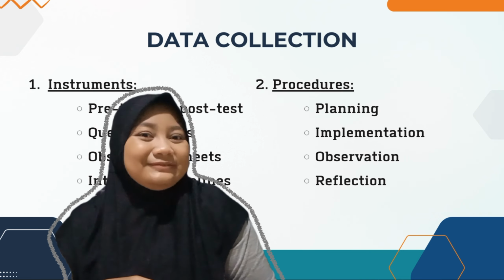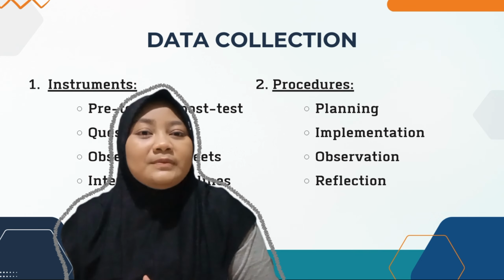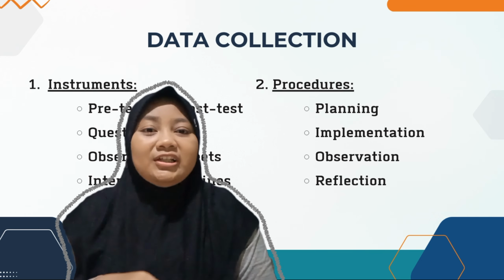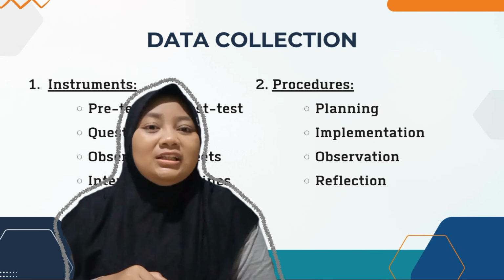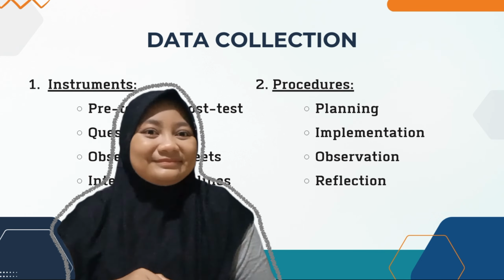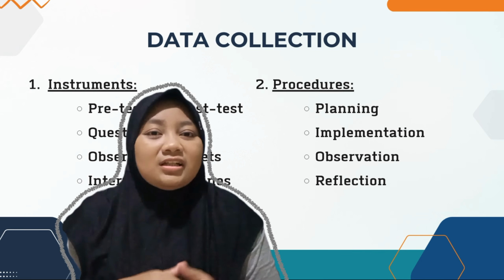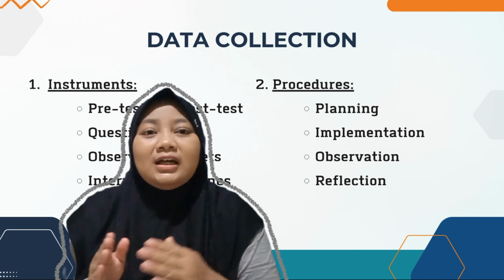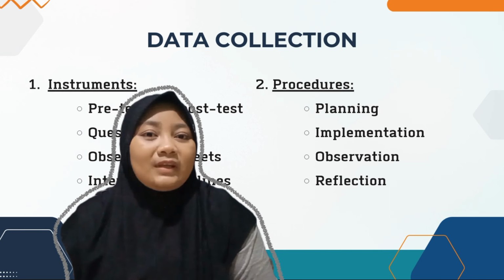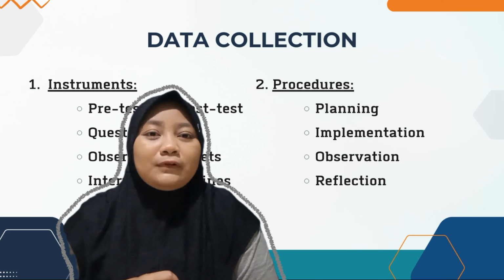Next is observation. Outlines the methods for observing and documenting students' interactions and engagement during the research process. Last is reflection. Encourages ongoing evaluations of the research process and outcomes, fostering a culture of continuous improvement.